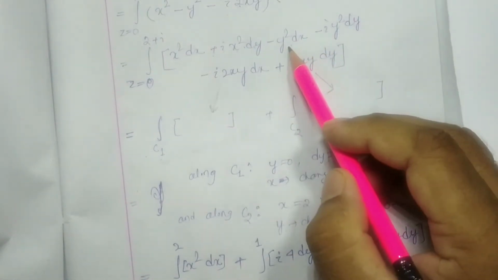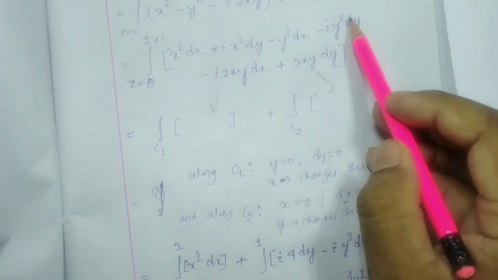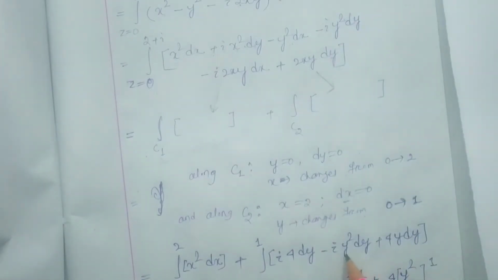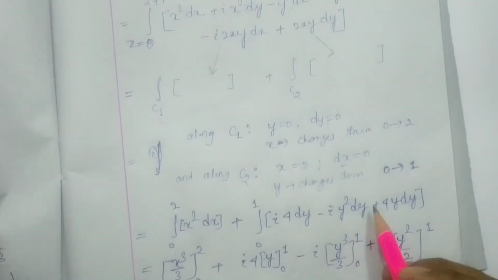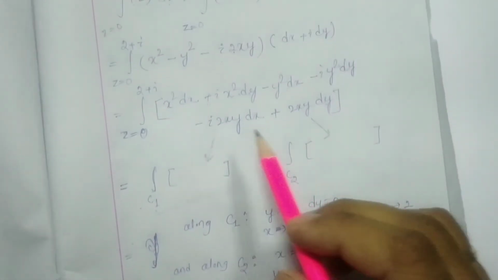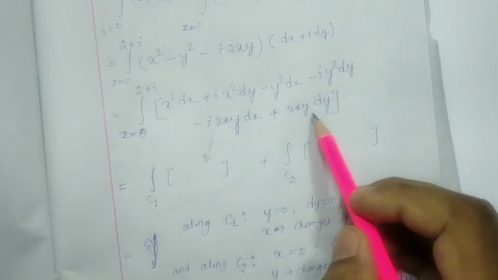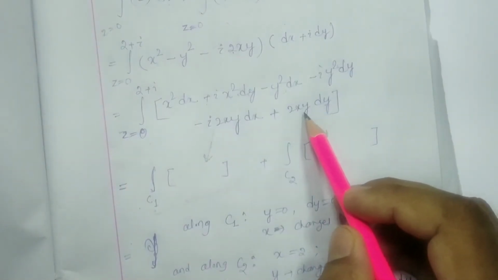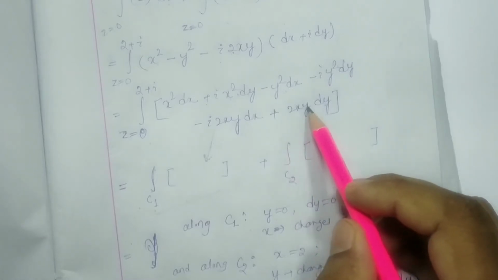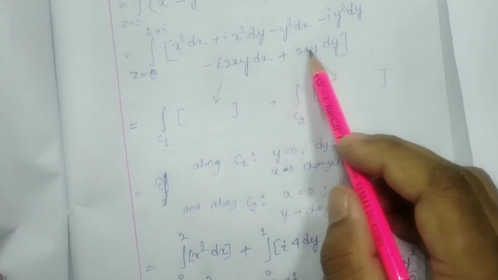Next, this term is 0 because dx is here. As usual it will be written as minus i y square dy. Then the dx term will be 0, and here 2x y dy, so instead of x we put 2, so it will be plus 4y dy.